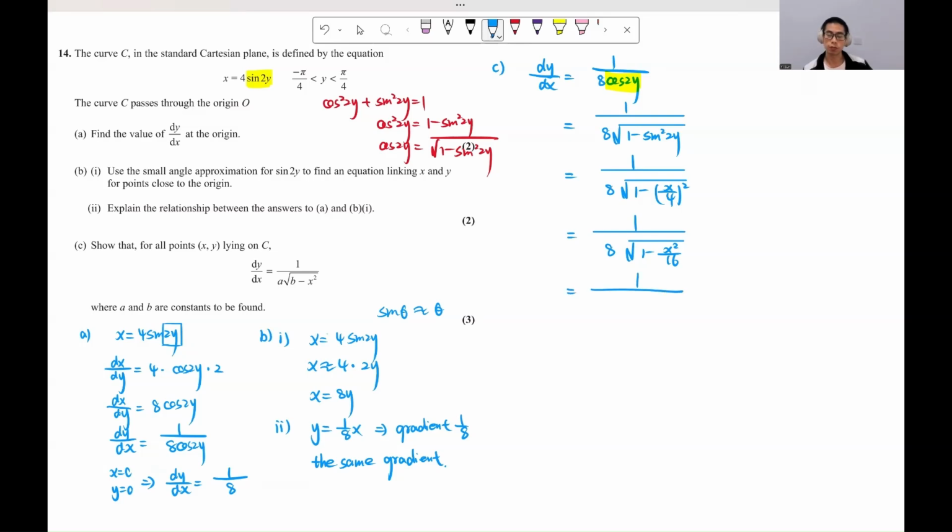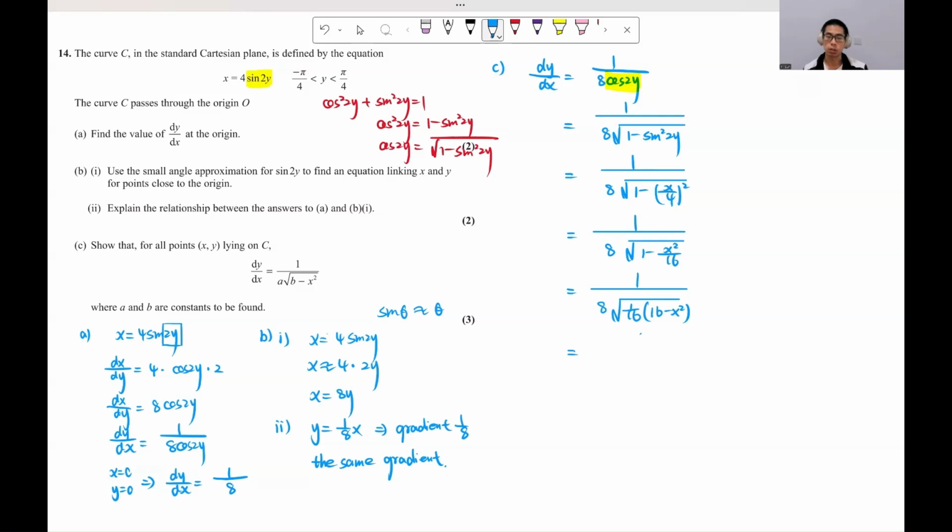So we need to factorize 1 over 16. That would be the square root of 1 over 16 times the bracket 16 minus x squared. When you factorize out something, you just divide by that number. So 1 divided by 1 over 16 gives us 16. And if you factorize out 1 over 16 from the second term, it's just x squared left.